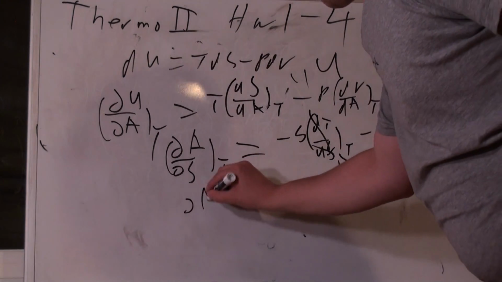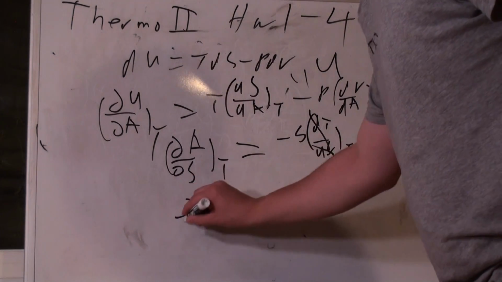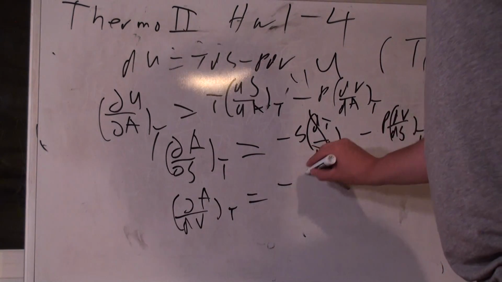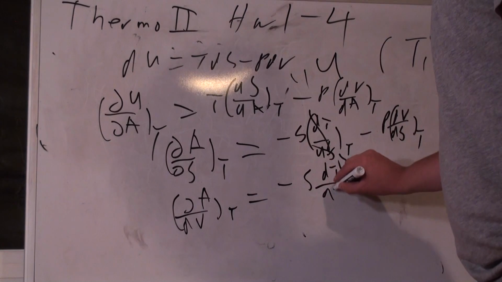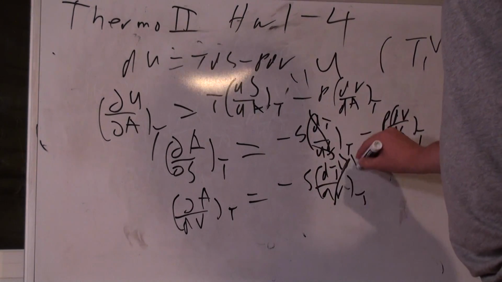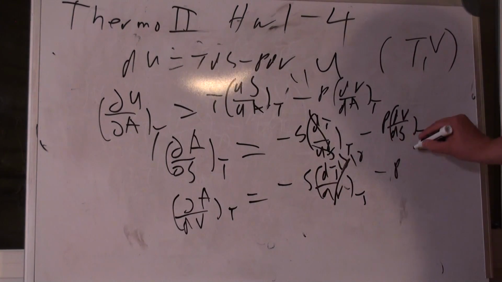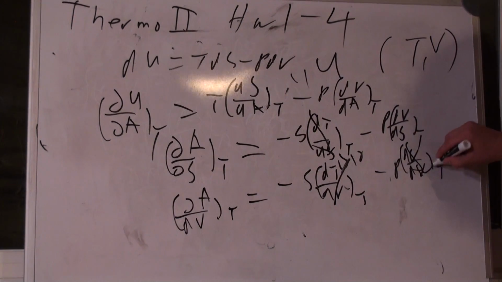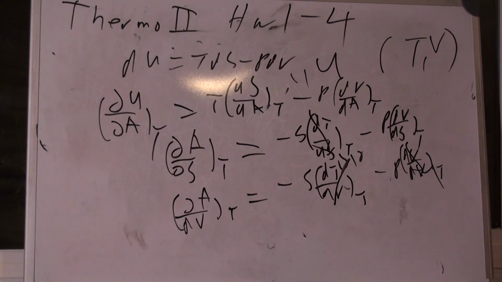So dA/dV at constant T is equal to minus S dT/dV at constant T. Oh, that's also equal to 0. Minus P dV/dV at constant T. Well, that's equal to 1. So all I have left is minus P, but it's going to be inverse, so it's going to be minus 1 over P. Okay.